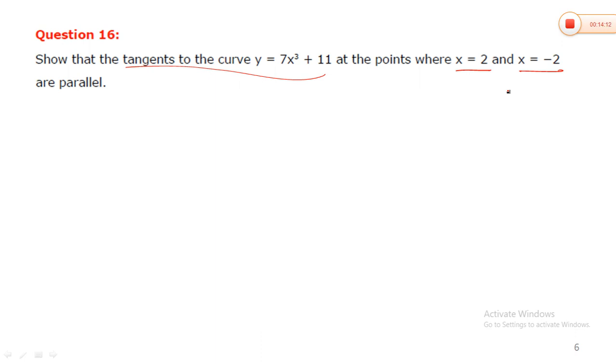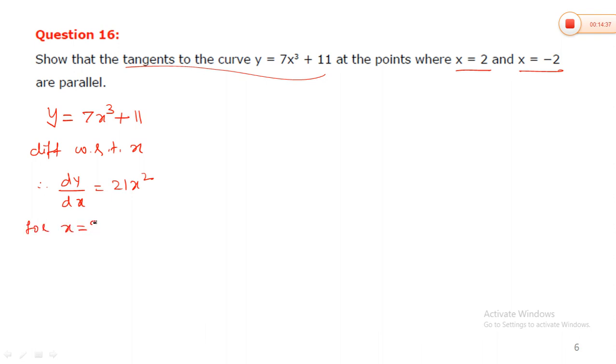So y equal to 7x cube plus 11. Differentiating with respect to x, dy upon dx equals 21x square. For x equal to 2, dy by dx at x equal to 2, or m1, equals 21 into 2 square, that is 84.